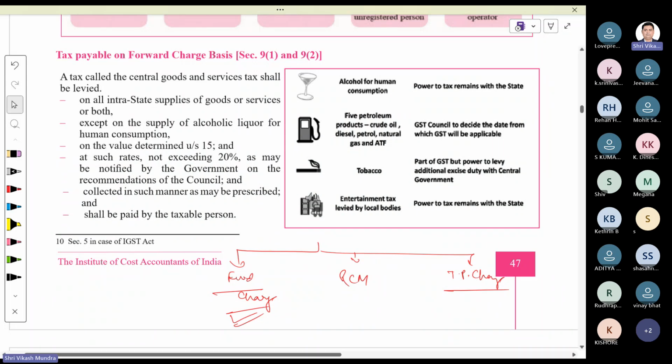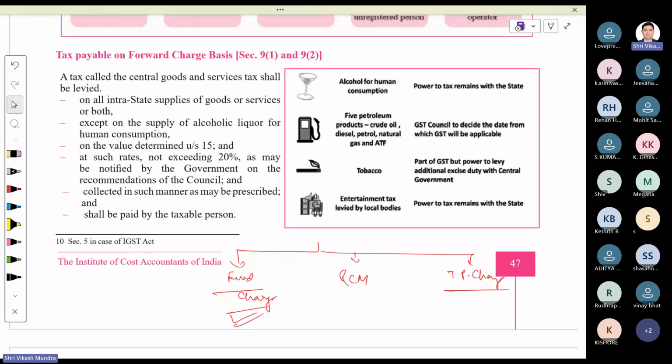And the third one, for example, Ola, Uber, etc. We know Urban Club, what happens? I'm getting services from a carpenter or a plumber. The plumber is providing services to me, but neither the plumber nor I am required to pay tax. The company, the aggregator, that is Urban Club, is supposed to pay tax on it.